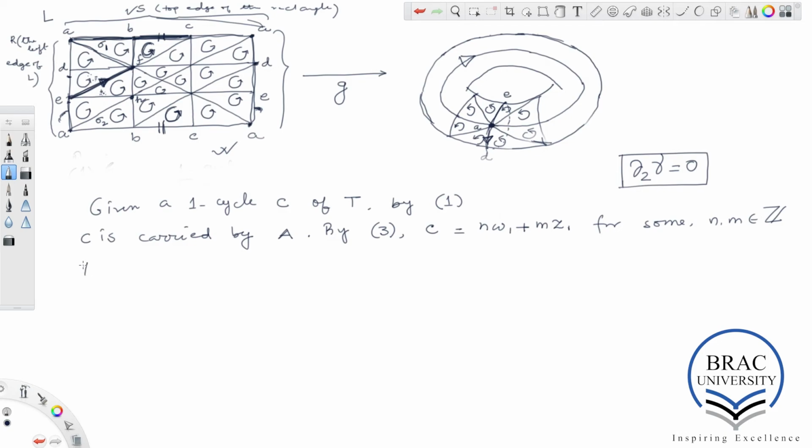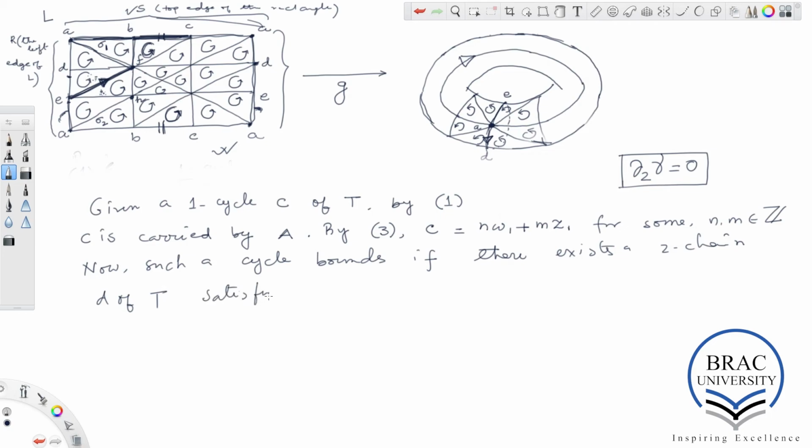Now such a cycle bounds if there exists a two chain D of the torus T satisfying C equal to del 2 D, and in that case we say that this one cycle C bounds.